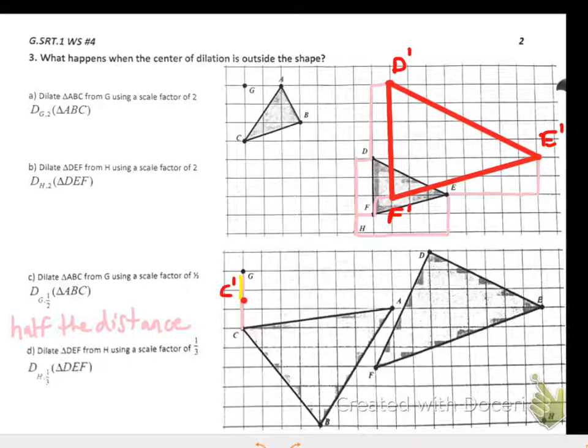So from G to C, and look at how G is outside my figure, so this is what's happening here. From G to C was 2 units down, so I'm only going to go 1 unit down to get C prime. And then from G over to A, it looks like that was maybe right 8 and down 2, so I'm going to go right 4 and down 1 instead.